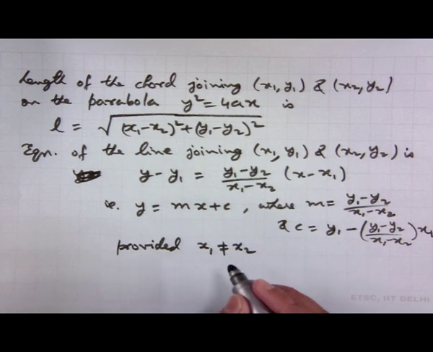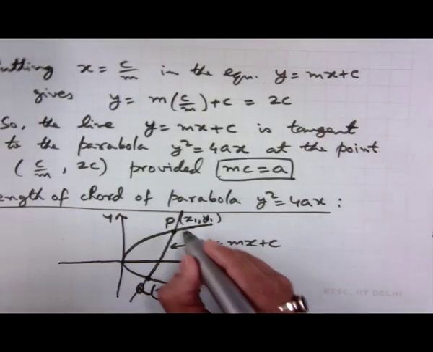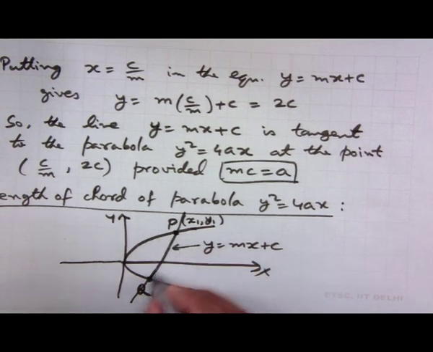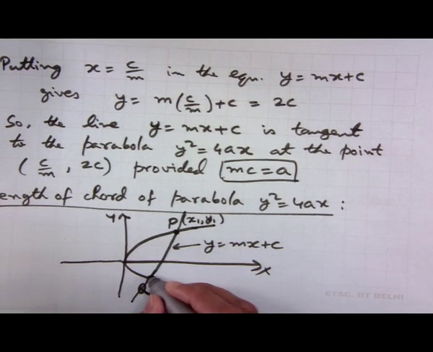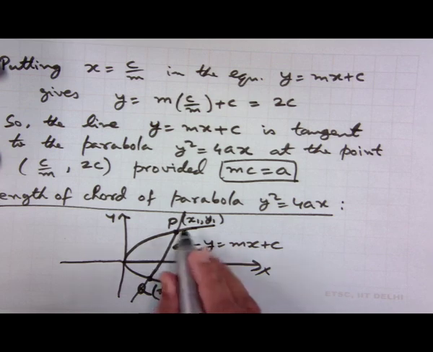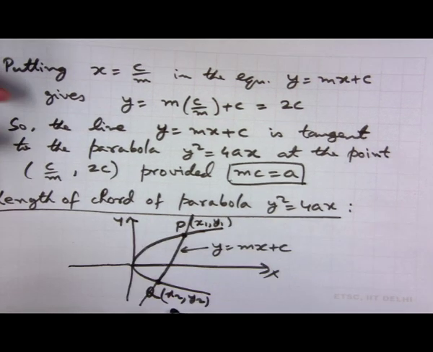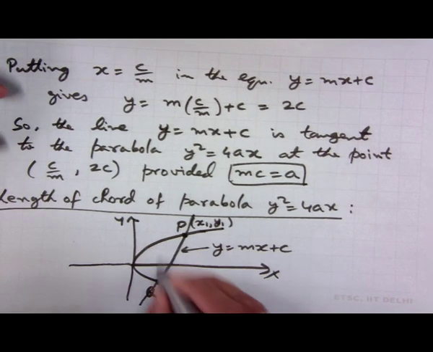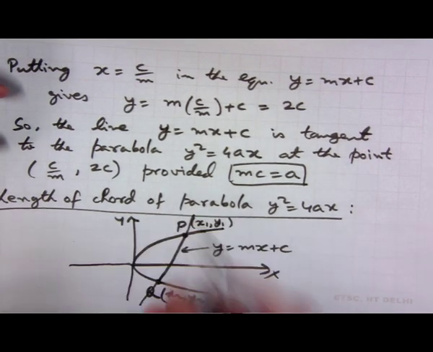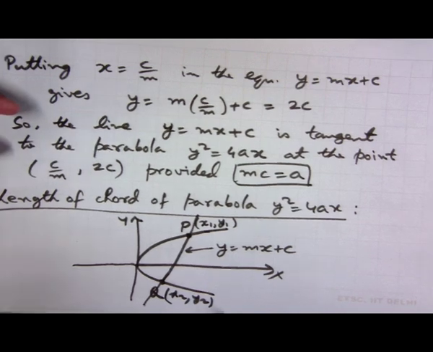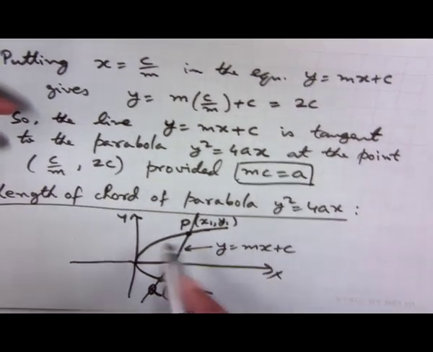That means that if we take this chord such that the x coordinate of the P Q line is different, then... otherwise if x 1 is equal to x 2, then it is just the difference in the y coordinate which is the length of the chord. So, that can easily be calculated.